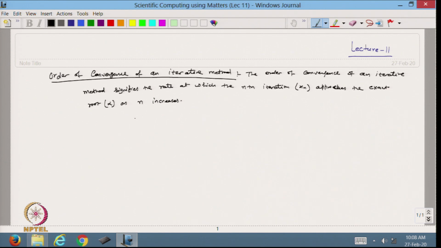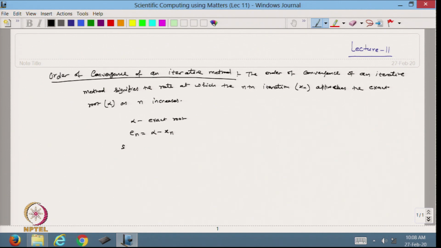Let alpha be the exact root and En represent the error, alpha minus xn. Because alpha is the exact solution and xn is the approximation at the nth iteration, nth step, that gives you the value of En.